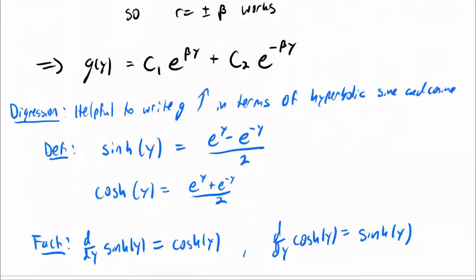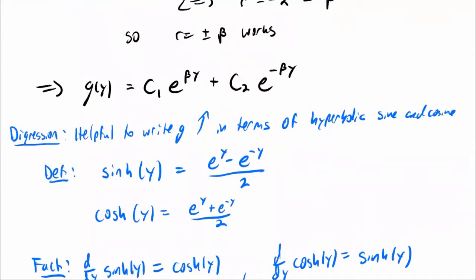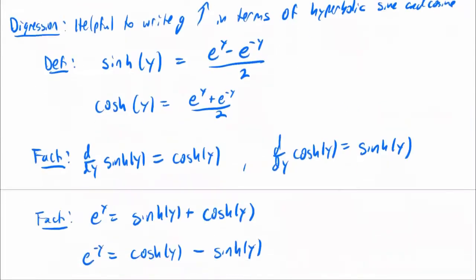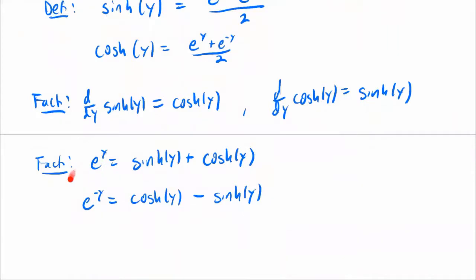Okay. And so if we come back to this formula for g, what I'm going to do is replace e to the beta y by some combination of hyperbolic sine of beta y and hyperbolic cosine of beta y. And similarly for e to the minus beta y. And so let me say that these constants are C1 tilde and C2 tilde. What I'm going to do is plug in these formulas for e to the y and e to the minus y respectively, and write my solution in terms of hyperbolic sine and hyperbolic cosine. Right.